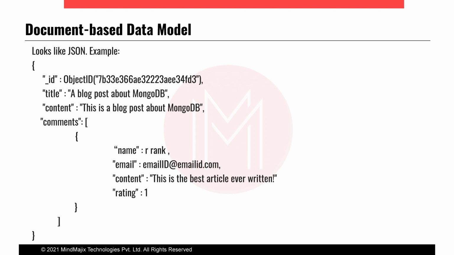The fields are ID, title, content, and comments. The ID is an object ID that we give, then the title is something like MongoDB blog, then the content is some post, then the comments. In the comments we give the name of the commenter, email, content, and the rating. This is a document based data model.